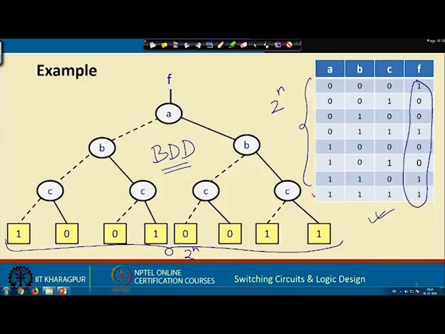It is pretty large. We shall see that there exist some techniques using which we can reduce the size of the binary decision diagram. It need not be exponential in size; we can reduce the size of the BDD to a great extent. We shall see some examples in this regard.